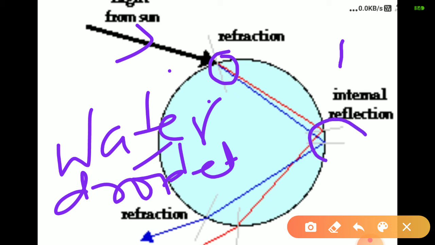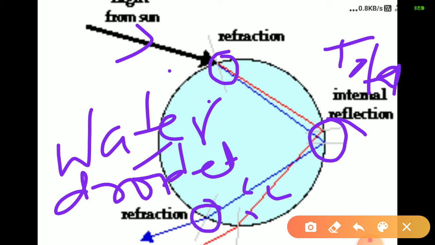And at this point, total internal reflection takes place and the rays of light move in this direction. Again at this point, refraction takes place.